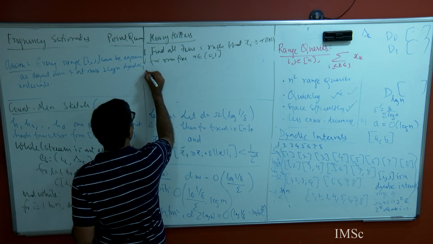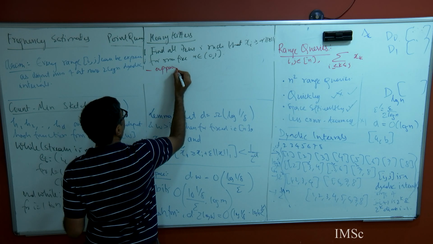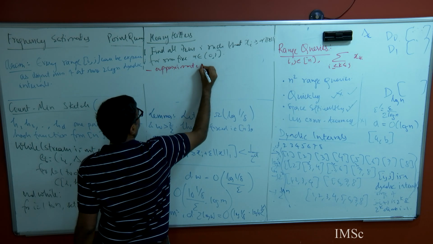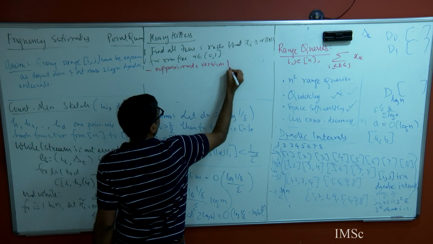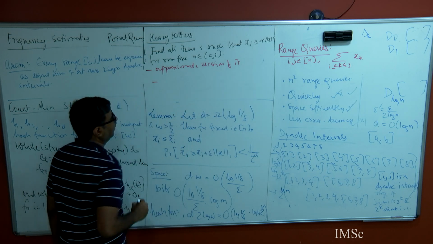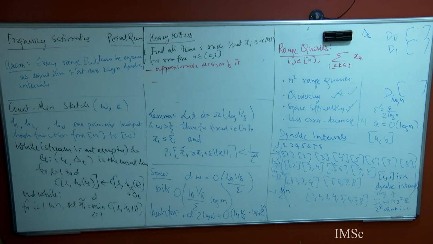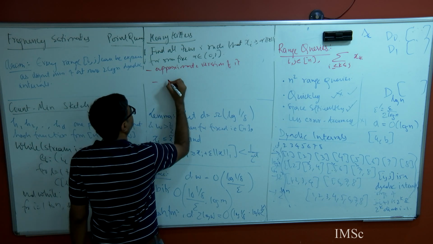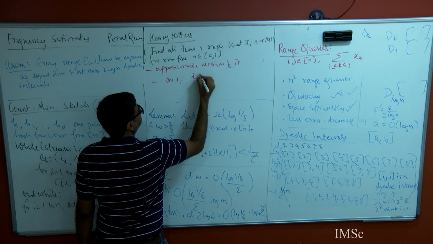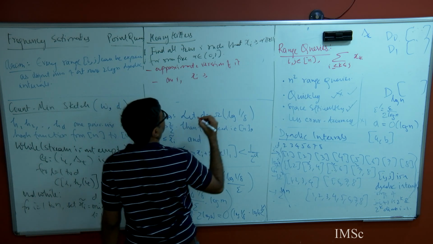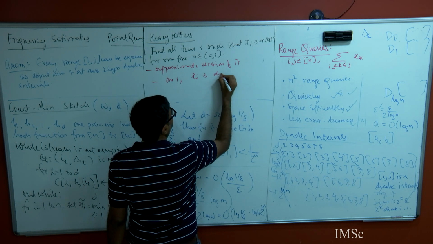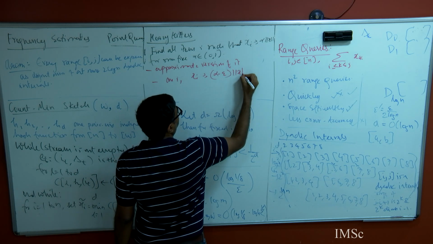An approximate version of this: I don't know how to do this exactly, but what I can output is any i so that xi is greater than or equal to alpha minus epsilon times the one norm.